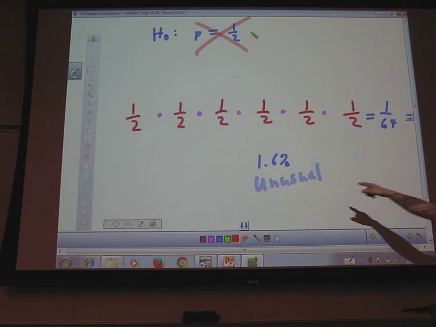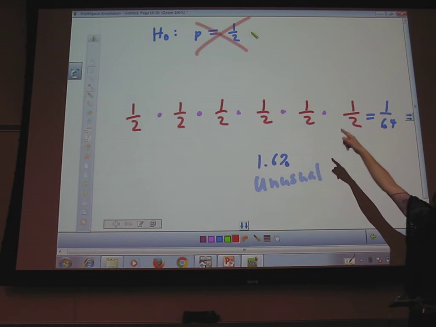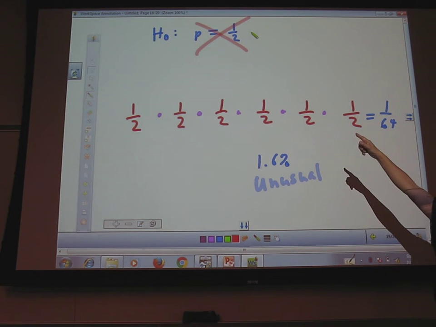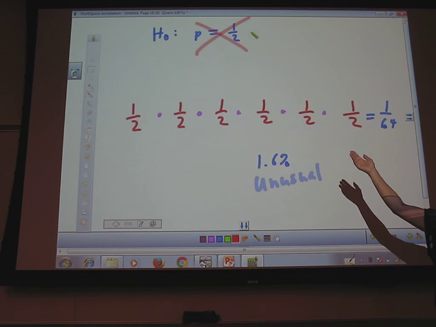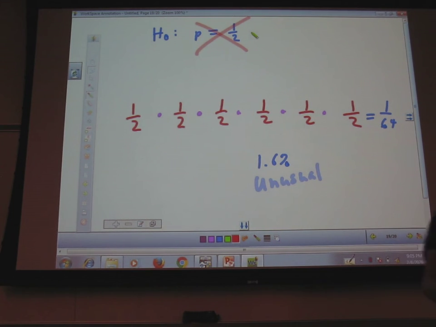That we got something unusual, so my deck is probably not half black cards. It's probably something higher than half. Maybe all. Who knows? But a lot. It seems like it's probably not a regular deck.